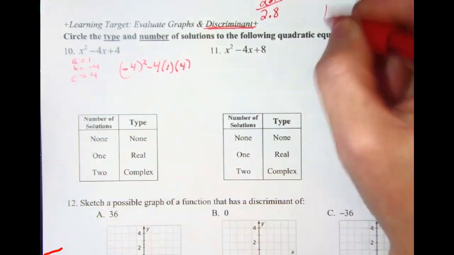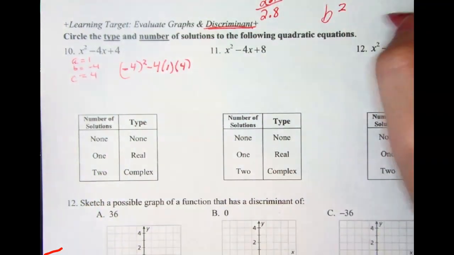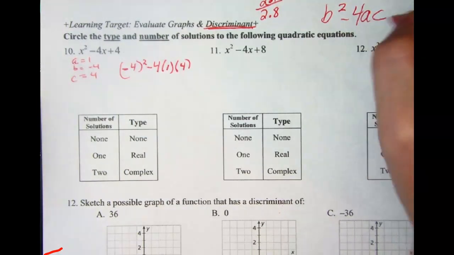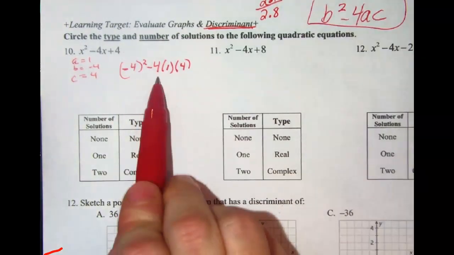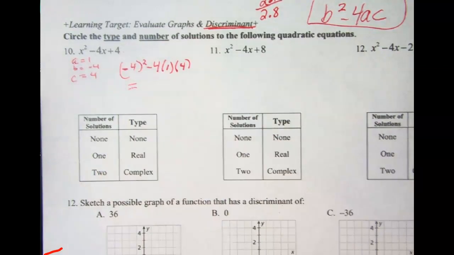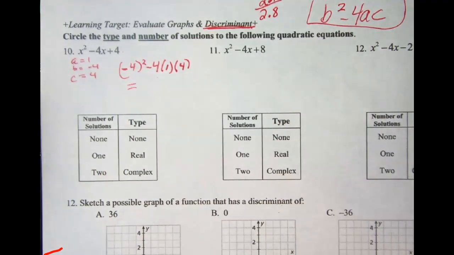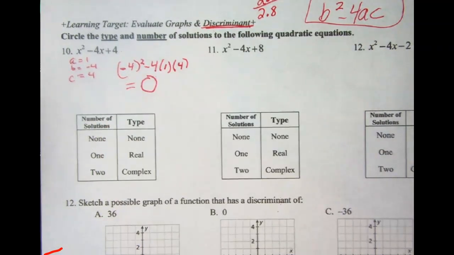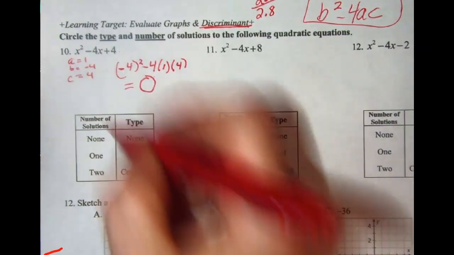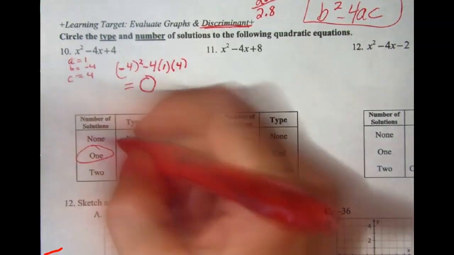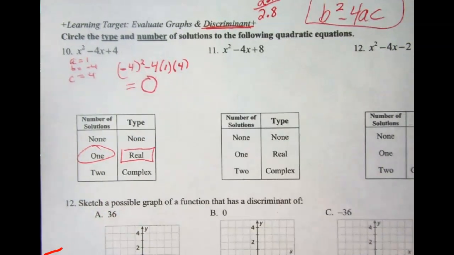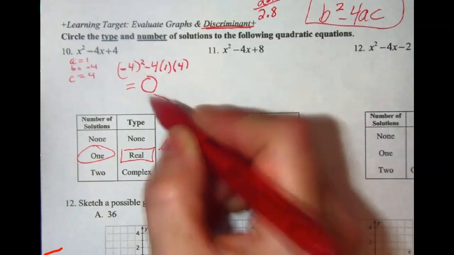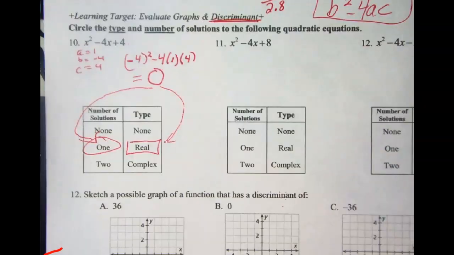All we do is that B squared minus 4 times A times C. So once we figure all that out, we can come up with a couple different answers. This one happens to be 0. And if you recall, if it's 0, that means you're only going to get one answer, and it's going to be a real number. So that's what it tells us. That's why we use the discriminant.